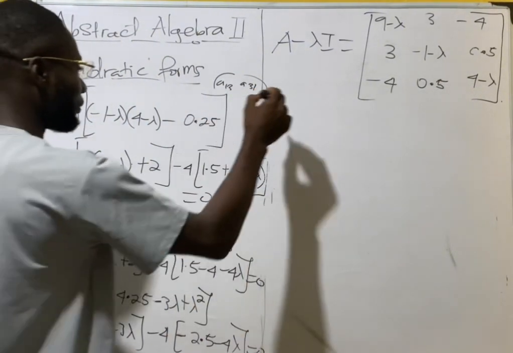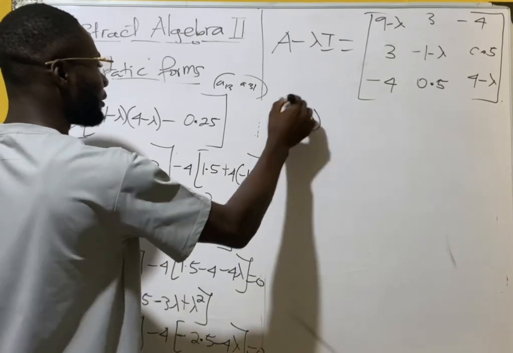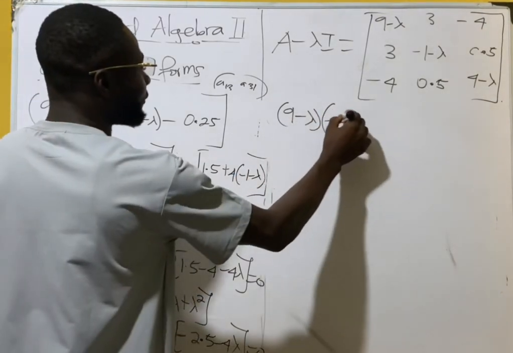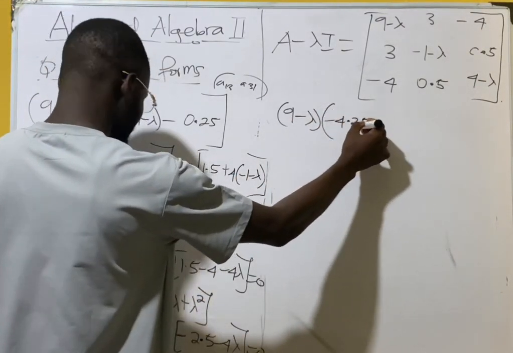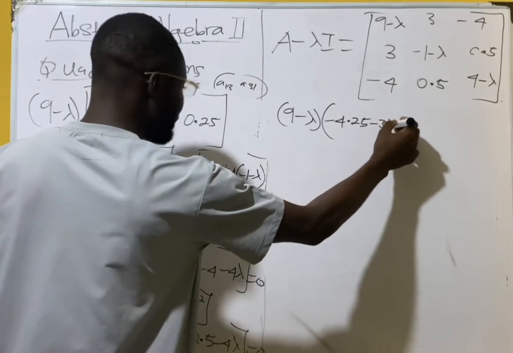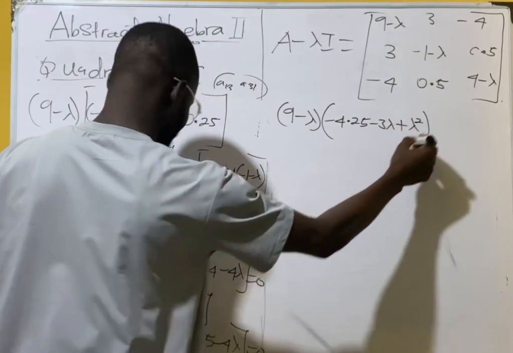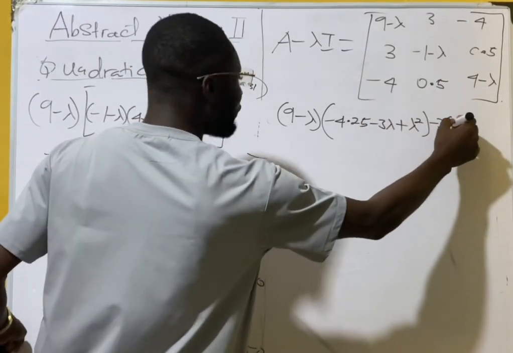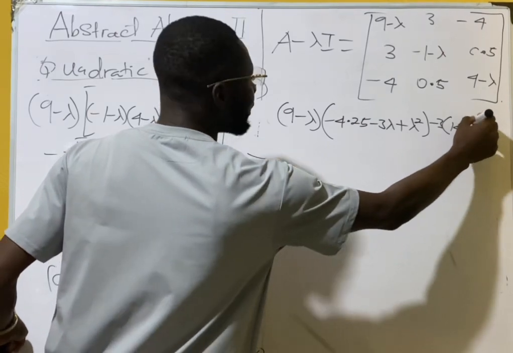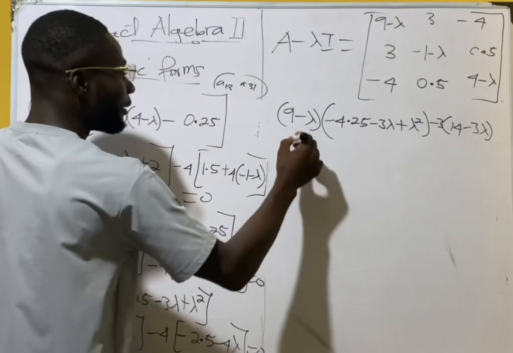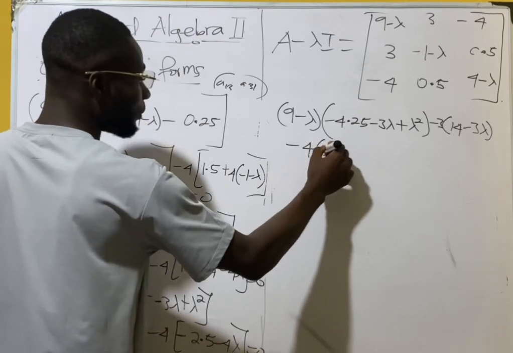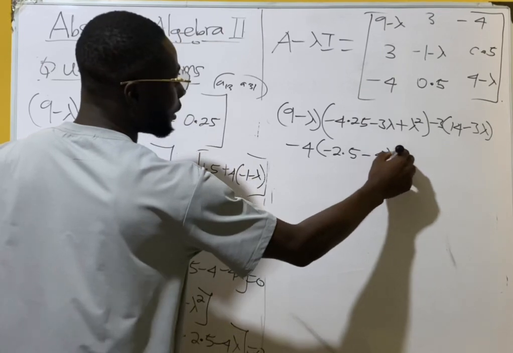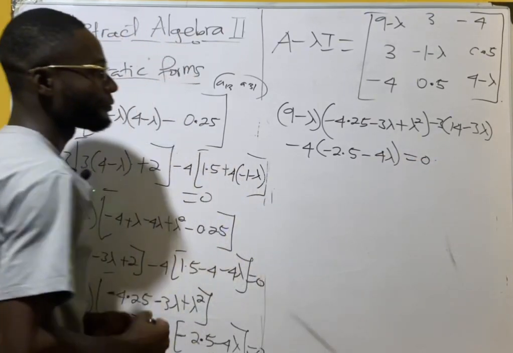Okay, so let's go up here. When we go up here, we're going to have 9 minus lambda into minus 4.25 minus 3 lambda plus lambda squared, minus 3 into 14 minus 3 lambda, minus 4 into minus 2.5 minus 4 lambda, and that is equal to what? 0.